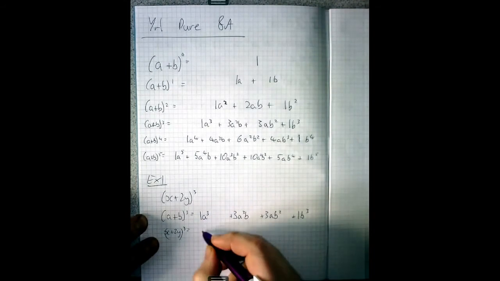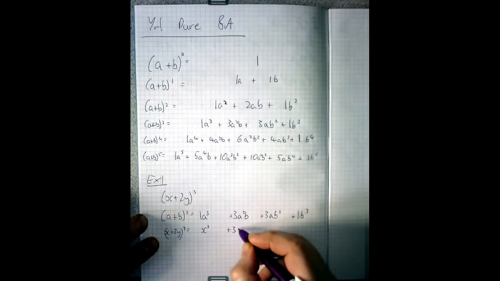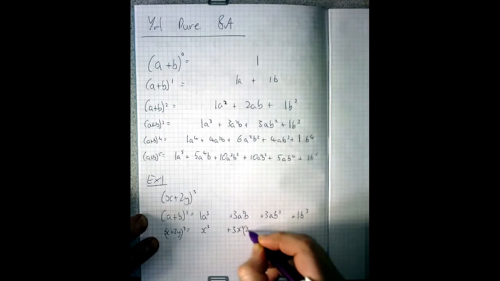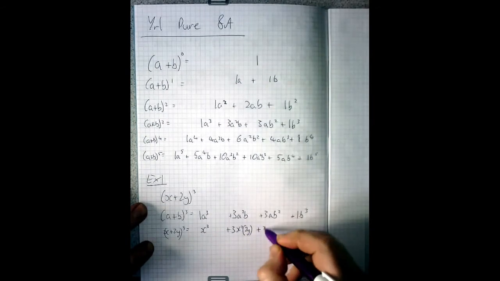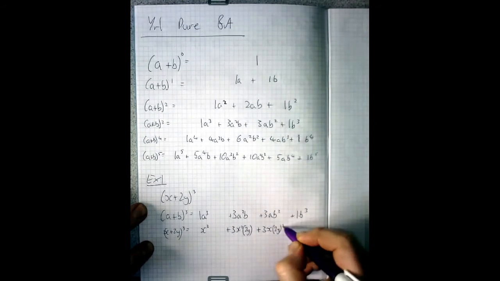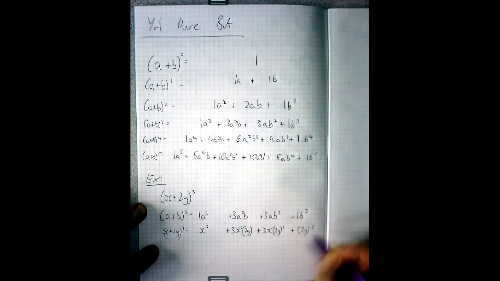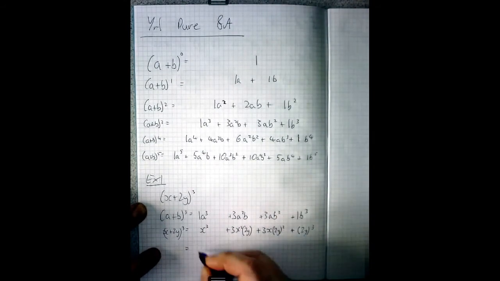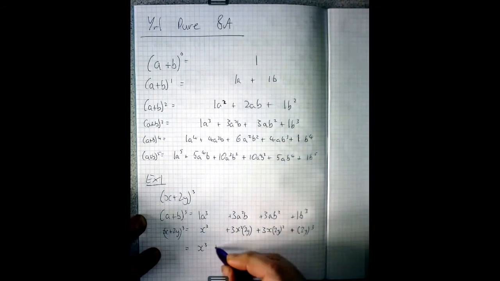So (x + 2y)³ is 1 times x³ plus 3 times x² times 2y. We'll simplify that next step. 3 times x times (2y)², and then (2y)³.